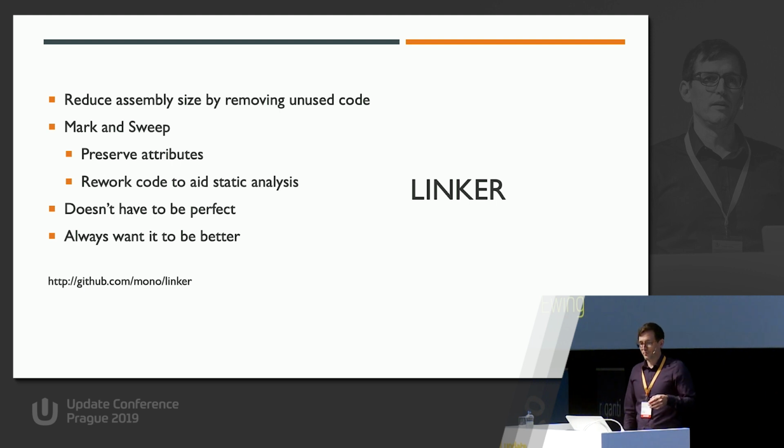Now, that can be fairly complicated and it often preserves way too much, because if it can't statically determine whether or not a certain path is taken, it's going to preserve both paths. So if there's an if statement, it'll preserve both of the branches. There are ways to work around that.